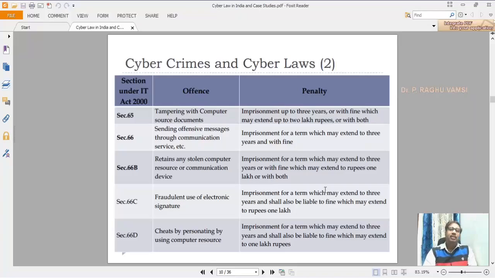So even after the Supreme Court judgment in 2015, several other cases in 2016 and 17 were also filed under 66A, which is completely illegal. Many of the police may not be aware that 66A was struck off.